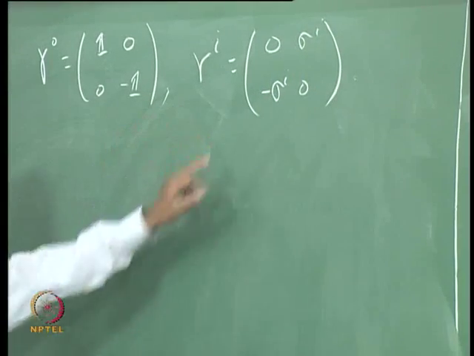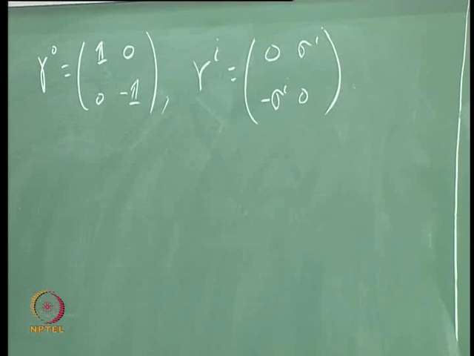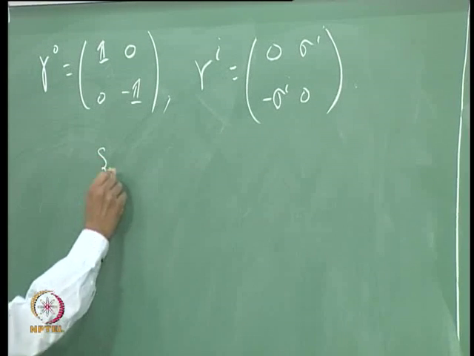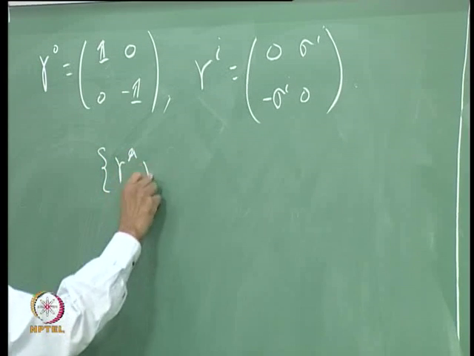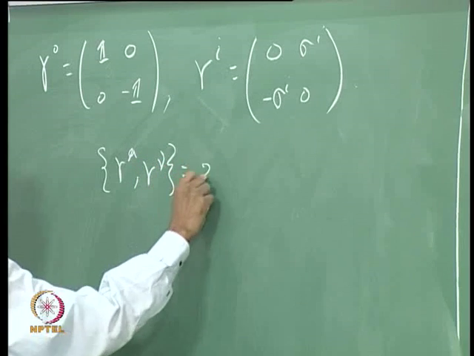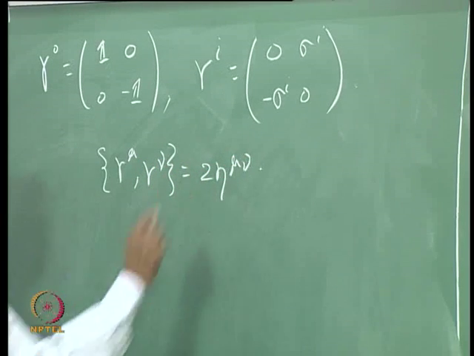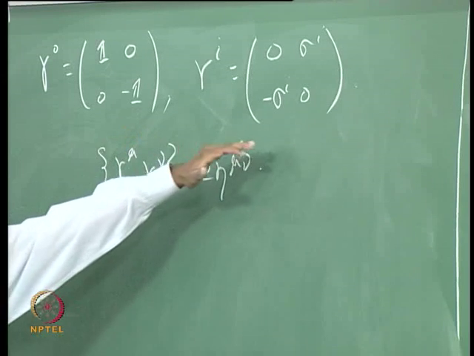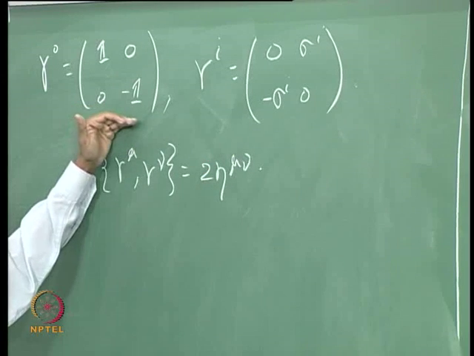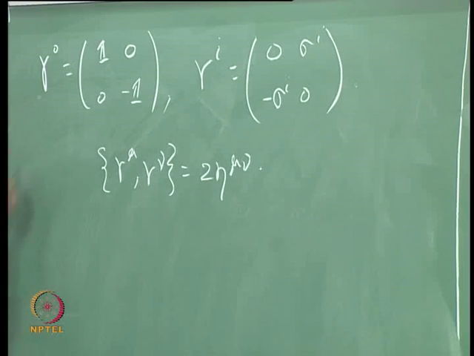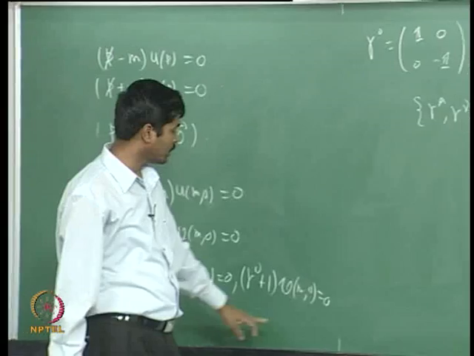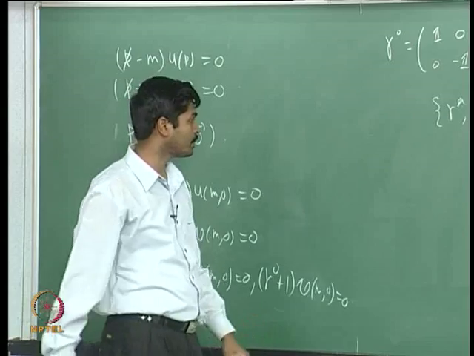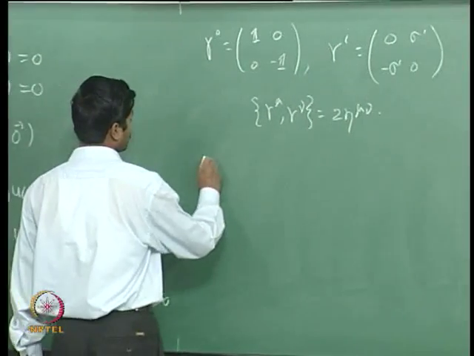You can see that this set of gamma matrices also satisfies the Clifford algebra, gamma mu gamma nu anticommutator equal to 2 eta mu nu. So, they can be used to represent the Dirac gamma matrices. In this representation, these two equations have very simple solutions.